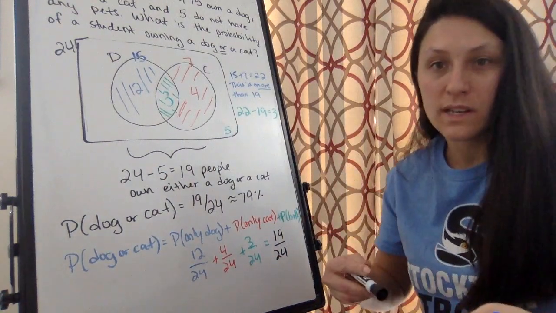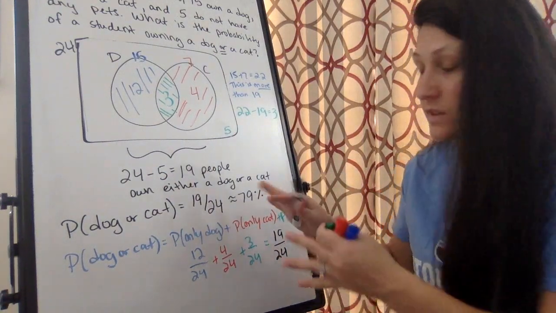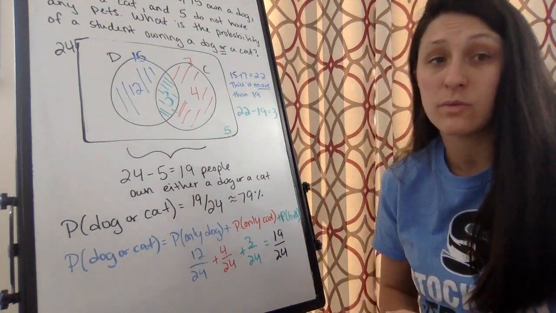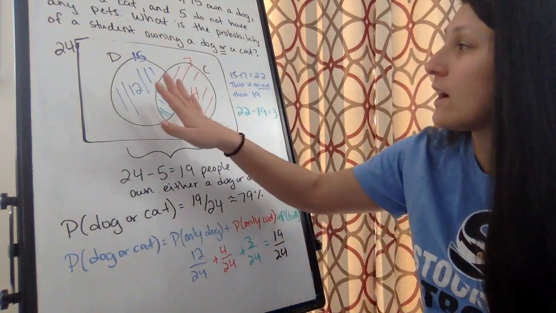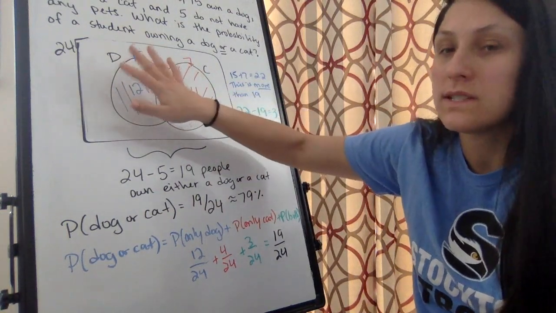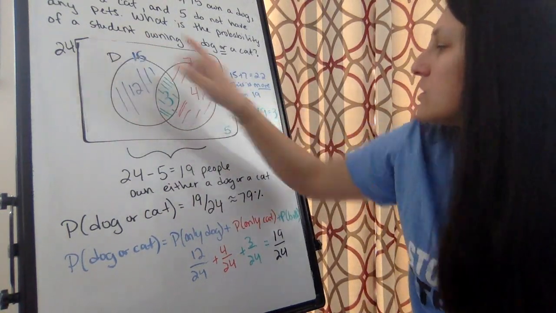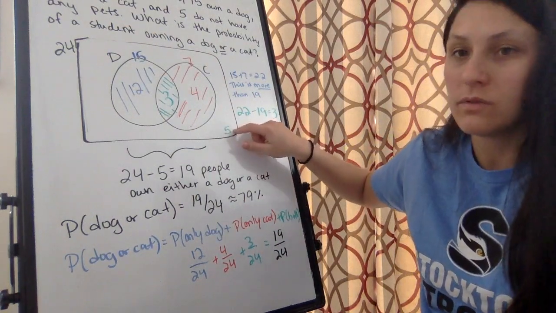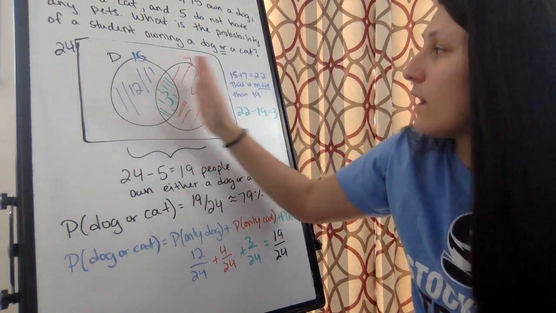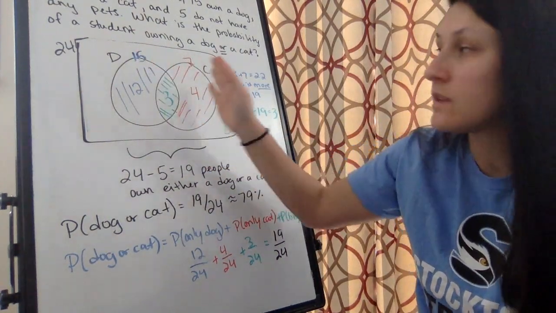So that's one connection there. There's lots of different ways that you can think about these problems. That's why the Venn diagram tends to be helpful. It's a helpful visual. If you want to know how many people own either this set or this set, you can just take away the people who don't have either thing from the total amount of people. That will give you everything that's in this Venn diagram.